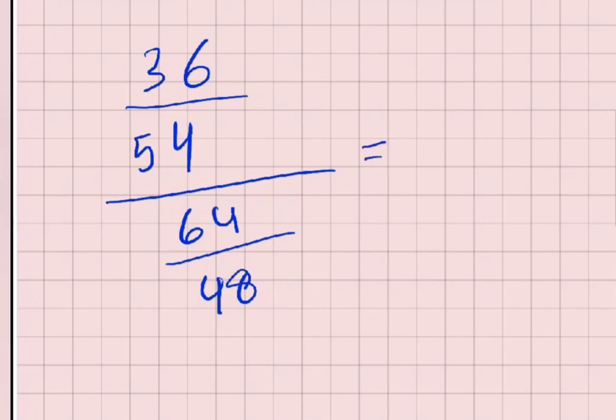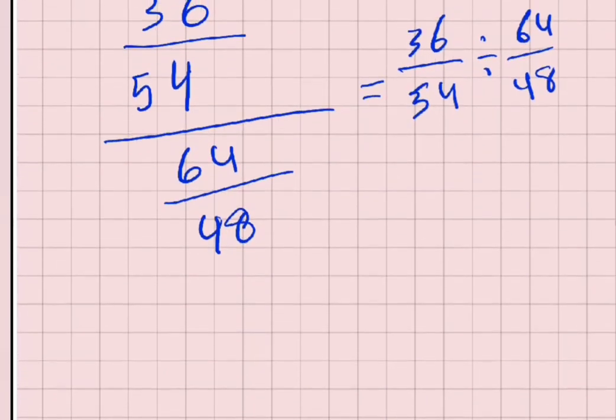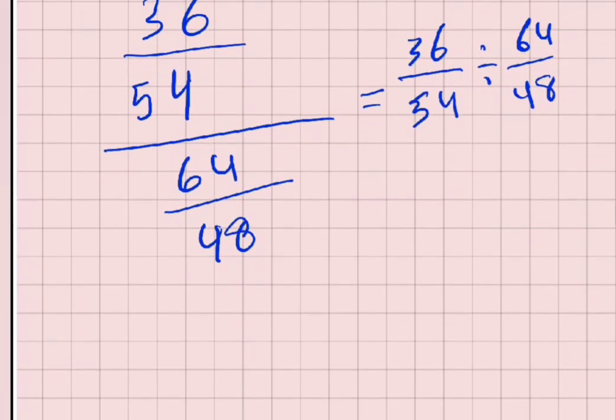This expression is equivalent to saying 36 over 54 divided by 64 over 48. And then we can use the keep, change, flip principle. Let's keep the first fraction the same. Let's change division to multiplication, and then let's flip the second fraction.